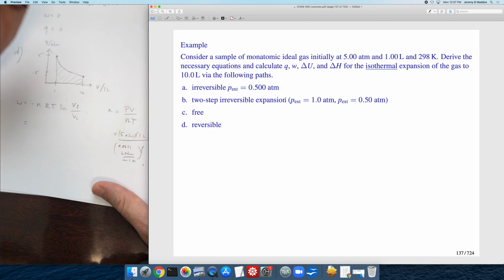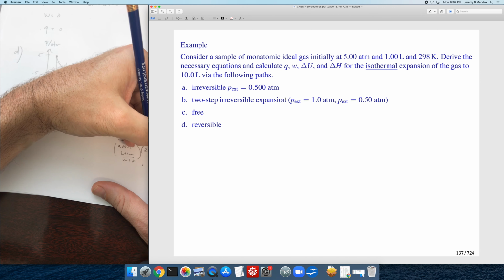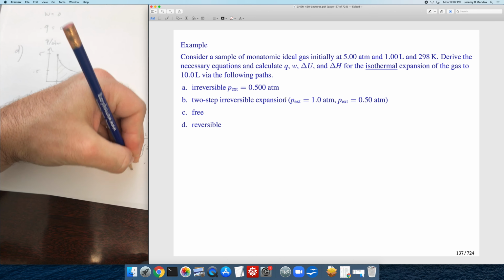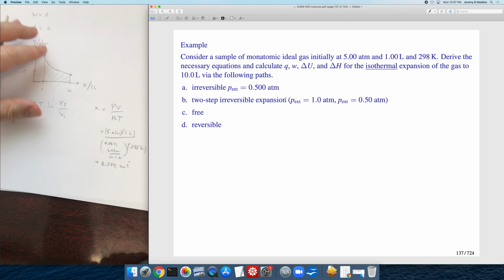And then the temperature is 298 K. I'm getting 0.204 moles for that. So that can go right here.